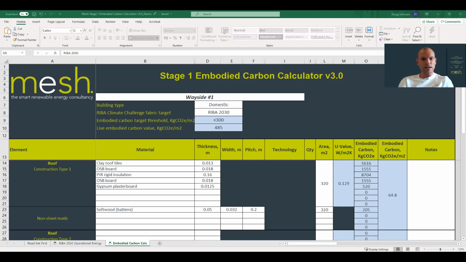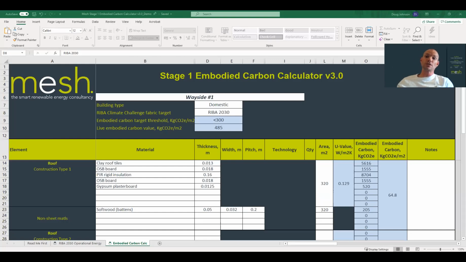Kate is asking, sorry, I missed the first few minutes. Where does the embodied carbon data come from? Is it generic or specific? How much material choice is there? Right, okay, so as I mentioned, Kate, at the beginning, this data comes from One Click LCA, which sources its data from environmental product declaration databases. There are thousands and thousands of third-party verified EPDs in there, and we've picked out 45 of the most common materials used.